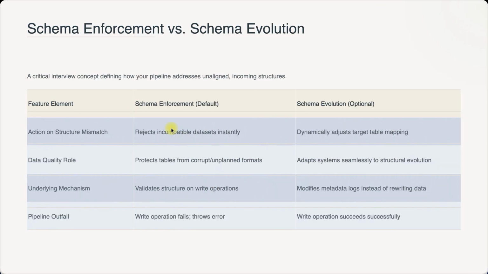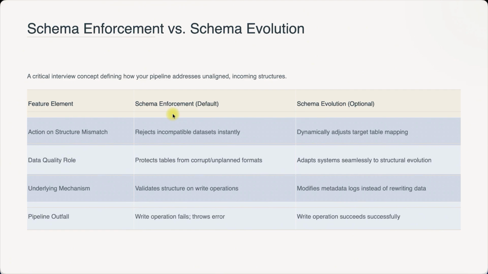Okay. Let us also see the difference between schema enforcement and schema evolution. This is a very common interview question, so let's make it very crystal clear. Schema enforcement is the default behavior. It strictly validates incoming data against the existing schema.